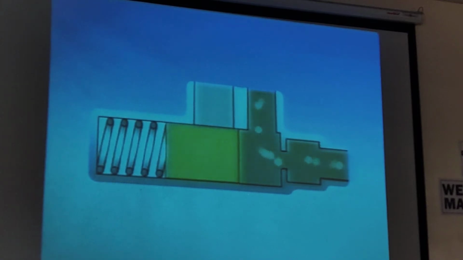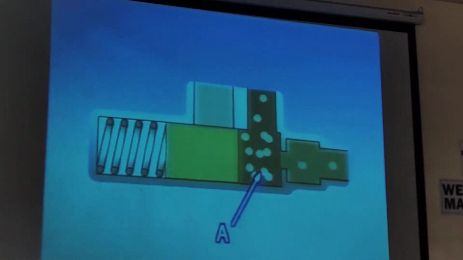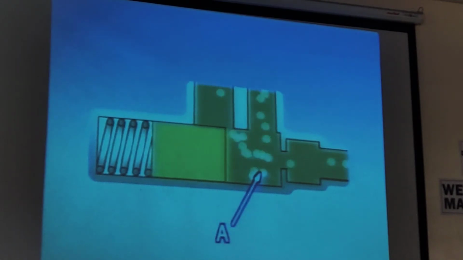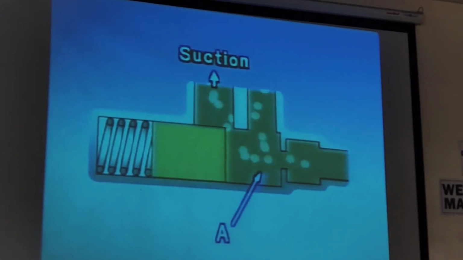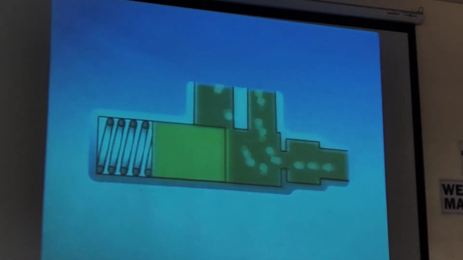As the flow volume of the fluid increases with an increase in engine RPM, the pressure in chamber A, which is partially obstructed by the orifice, also increases. This causes the flow control valve to overcome the tension of the spring and move to the left. This in turn opens the passage to the suction side of the pump, discharging excess fluid and ensuring that the flow volume of the steering gearbox is kept constant.